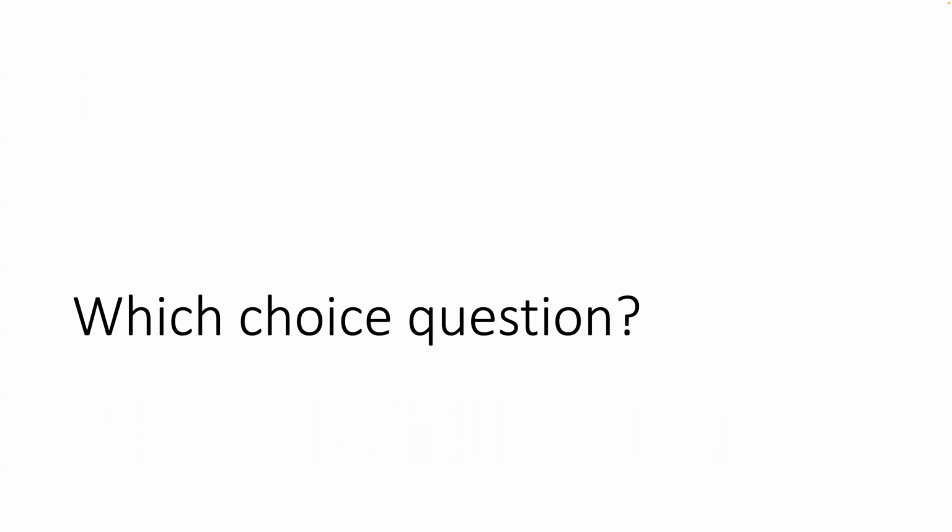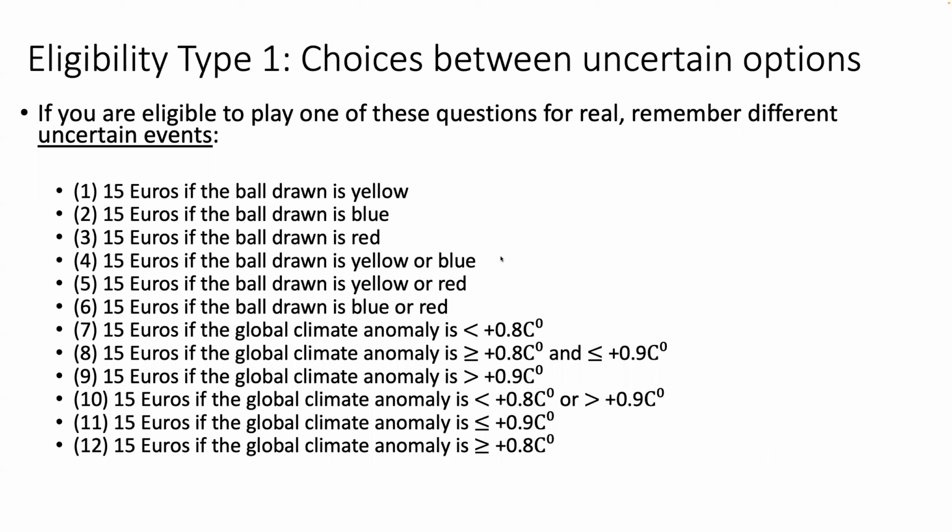Now, let us determine which type 1 and type 2 questions will be played for real. Firstly, for type 1 questions, recall that the option 1 in these kinds of questions always involved some uncertain event. In fact, in total, you encountered 12 different kinds of uncertain events.